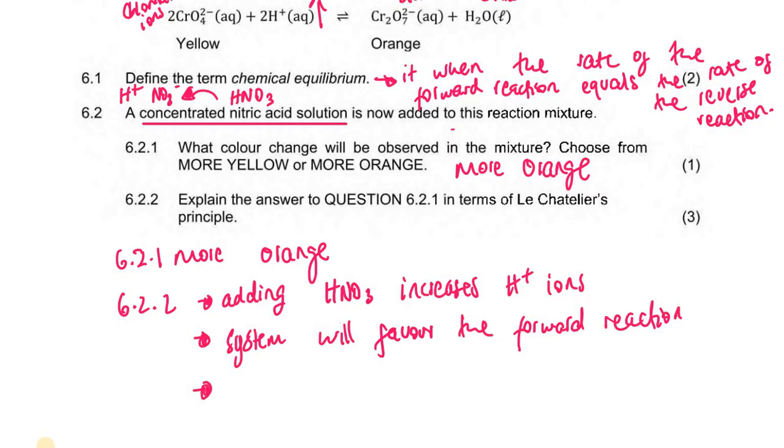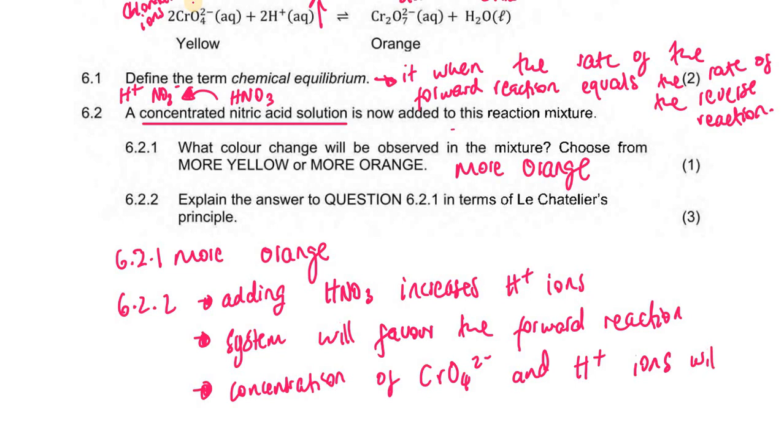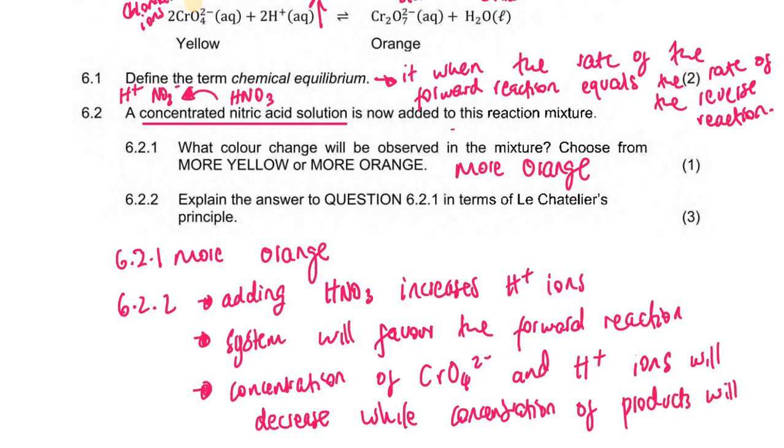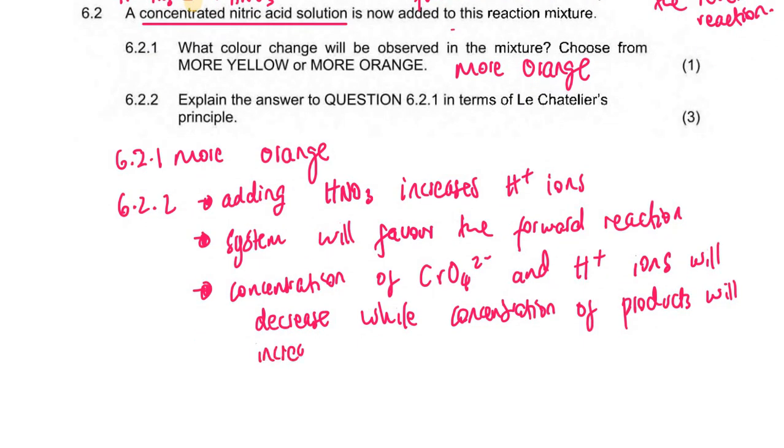And then since it's gonna favor the forward reaction, therefore the concentration of CrO4 2 minus, which is this reactant here, and also the concentration of H plus ions will decrease, while the concentration of the products will increase, causing the solution to be more orange. Okay, so that's what you have there.